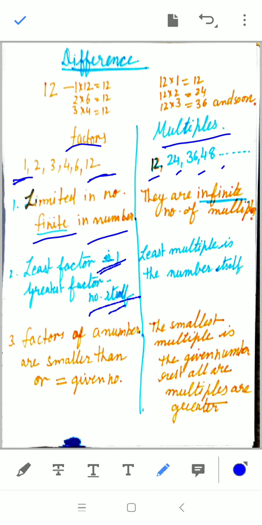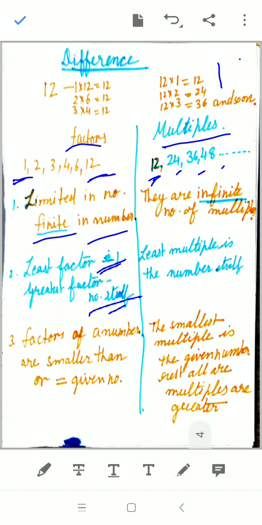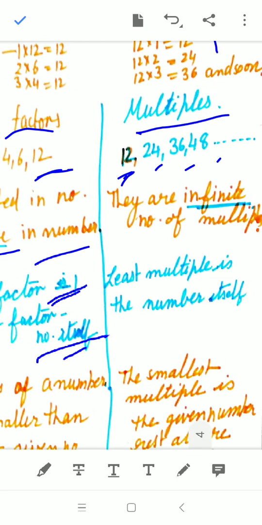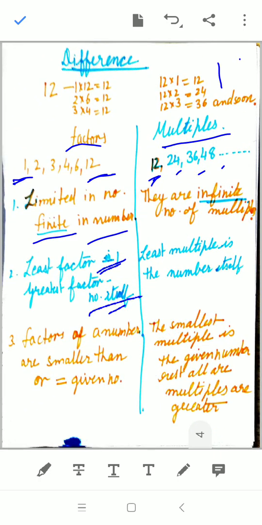Here the least multiple is the number itself. The least multiple is 12, and all the rest of the multiples are greater than 12: 24, 36, 48, and so on. We start with 12, so the least multiple is the number itself.